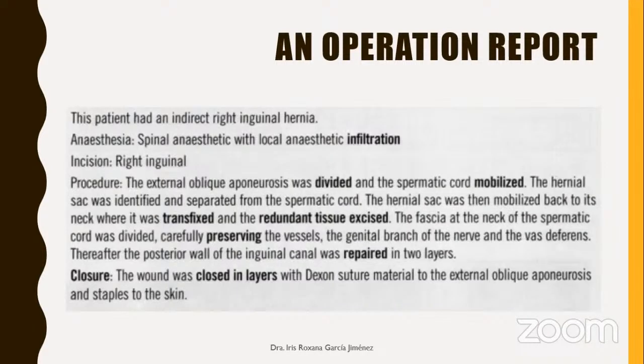The fascia at the neck of the spermatic cord was divided, carefully preserving the vessels, the genital branch of the vas deferens. Thereafter, the posterior wall of the inguinal canal was repaired in 2 layers. Closure: the wound was closed in layers with Dexon suture material to the external oblique aponeurosis and staples to the skin.